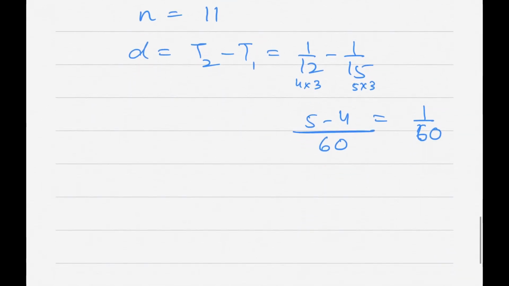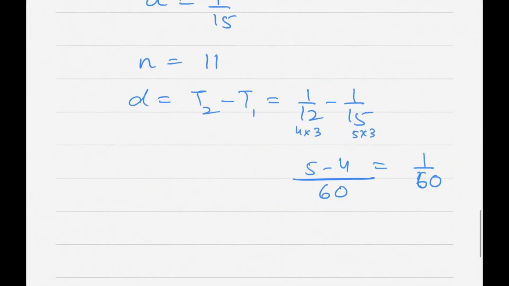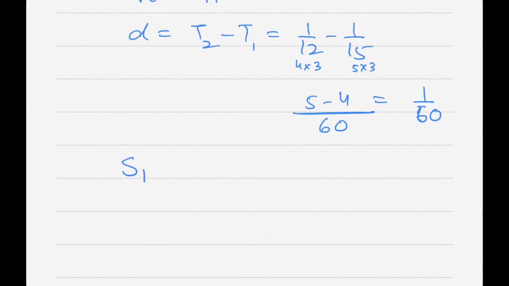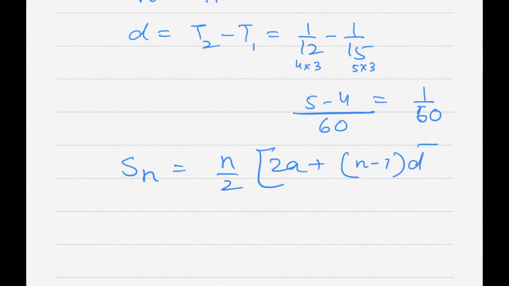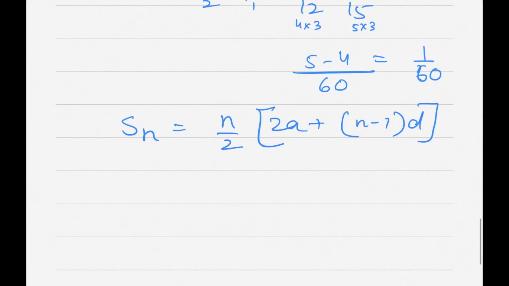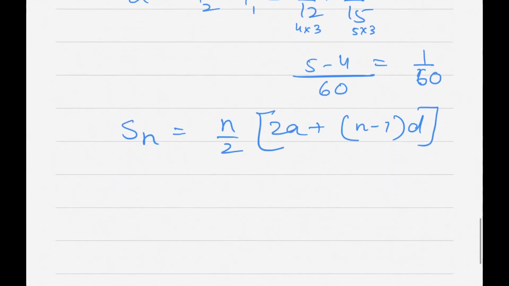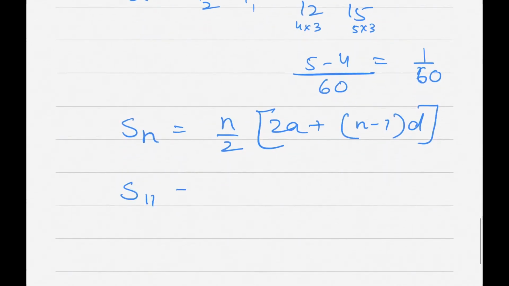Okay. Now we have to again write down the formula for the sum of n terms, which is n by 2 into 2a plus n minus 1 into d. Okay, now n is equal to 11, right? So the sum of 11 terms is equal to 11 by 2.